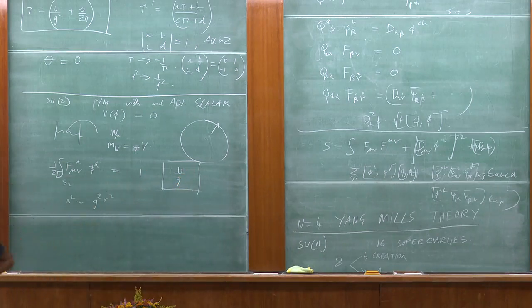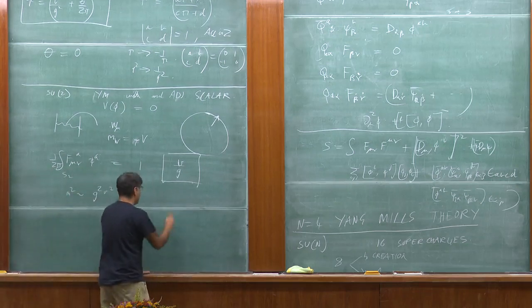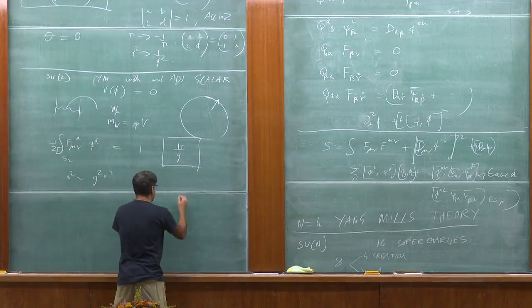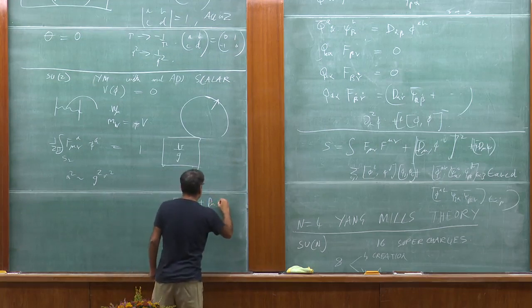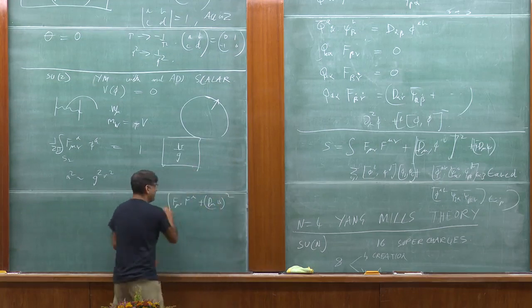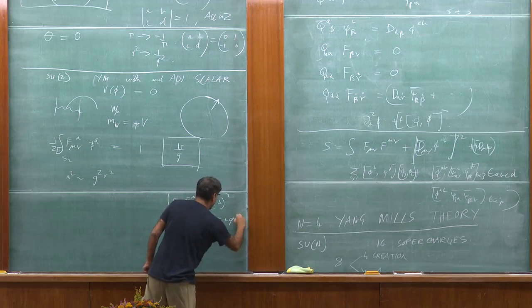This is sort of strange. Okay, I'll tell you why it happens. Yeah, it's because the action is written as f mu nu plus d mu v, the whole thing squared, where d mu v is del mu v plus g a mu.